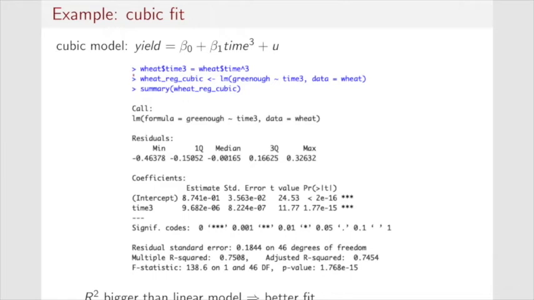First, we make a new variable, time 3, which is the cube of time. Then we can run the regression and check the summary. Now the R square is 0.75, which is already bigger than the linear model.